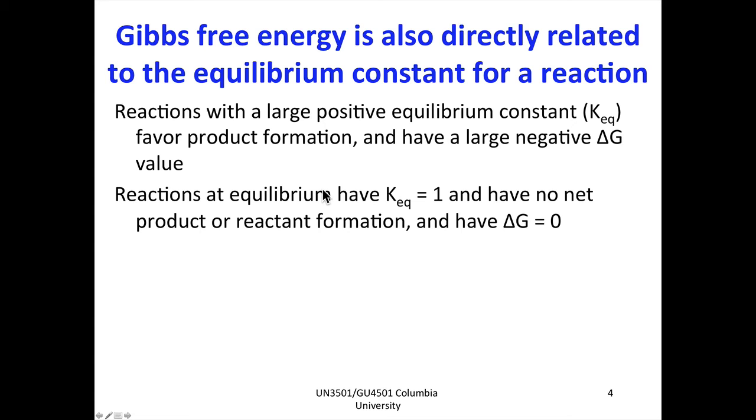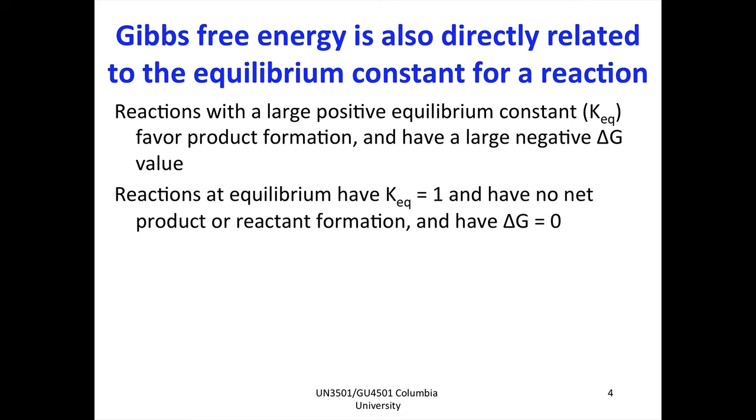If a reaction is at equilibrium, meaning there's no net product or reactant formation, the equilibrium constant, based on the way we define it, is exactly equal to 1. So that's a reaction at equilibrium, no net product or reactant formation.